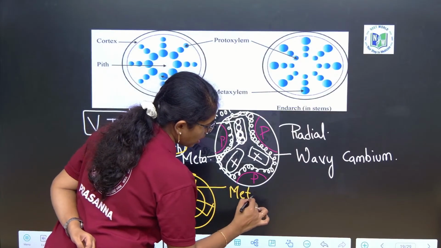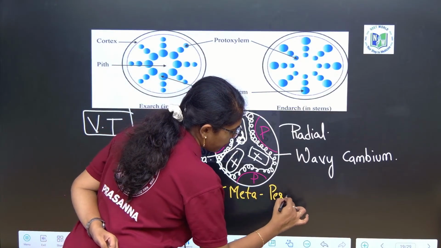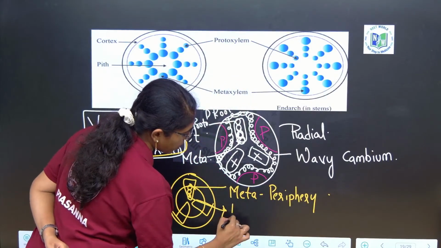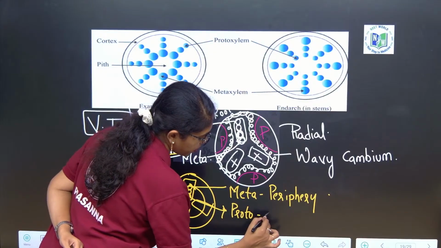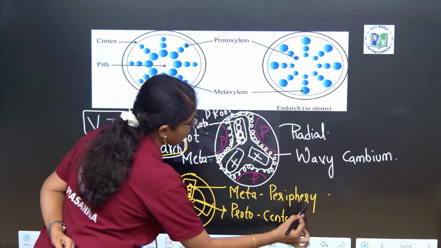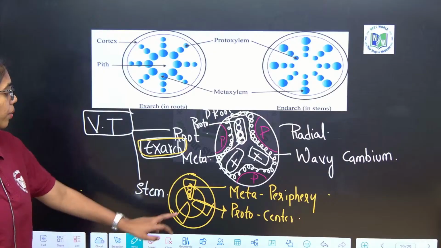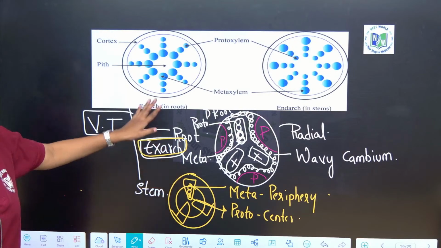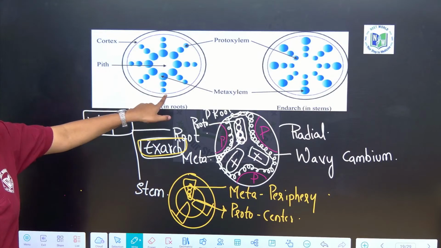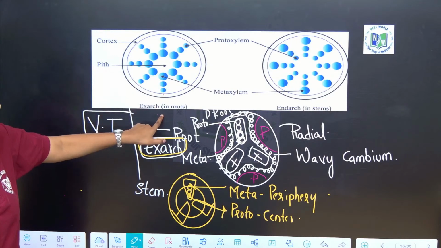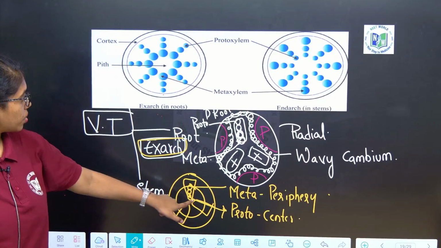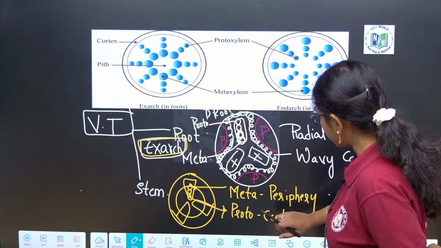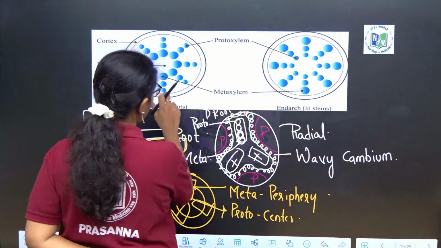Fine, understood? So here you can see meta towards center, proto towards periphery, that is exarch in roots. Metaxylem towards the center and protoxylem towards the periphery. Sorry.